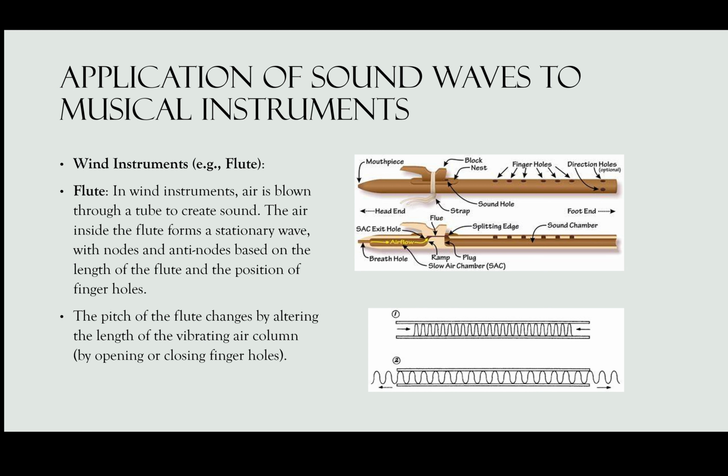The air inside the flute will form a standing wave with nodes and antinodes. Based on the length of the flute and the position of the finger holes, you will get different frequencies of vibrations, which give you different sounds that correspond to different notes. And these different notes have different harmonics, right?